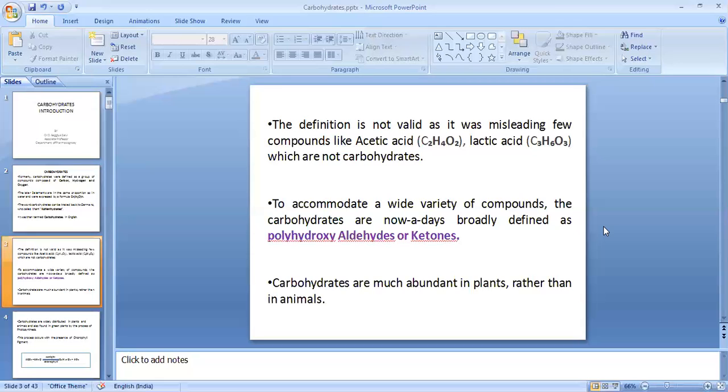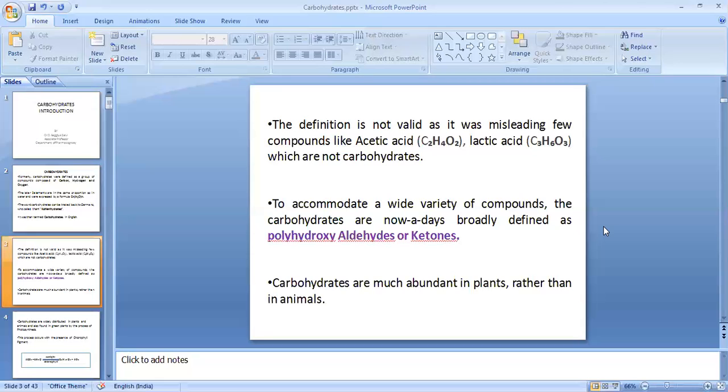So in this definition, we have polyhydroxyaldehydes or ketones joined together by 1,4 or 1,6 linkage, and on hydrolysis they give the same, that means the polyhydroxyaldehydes or ketones.